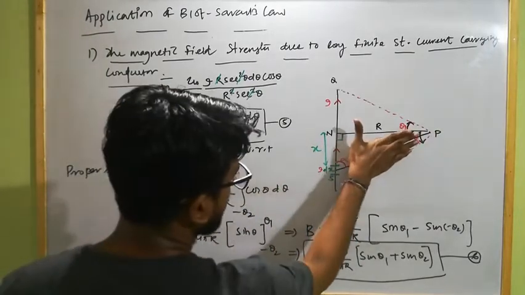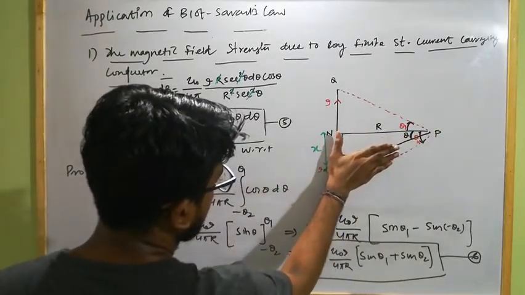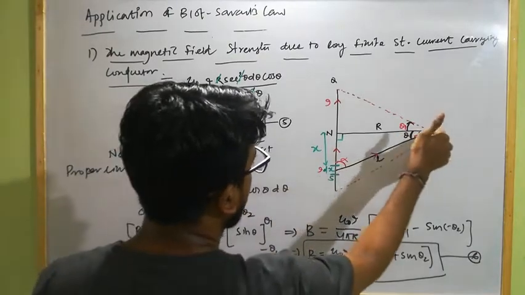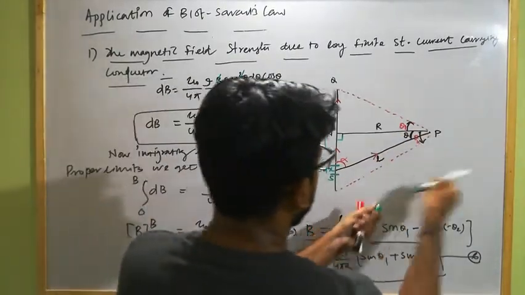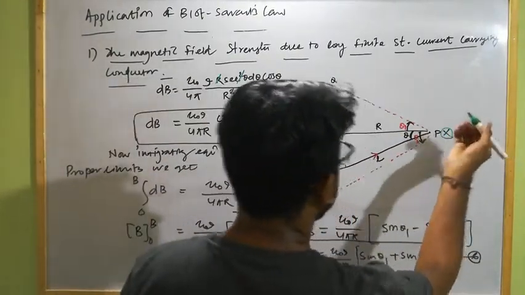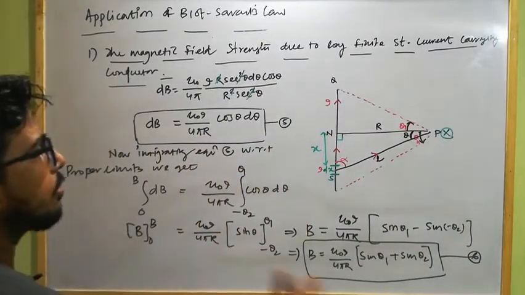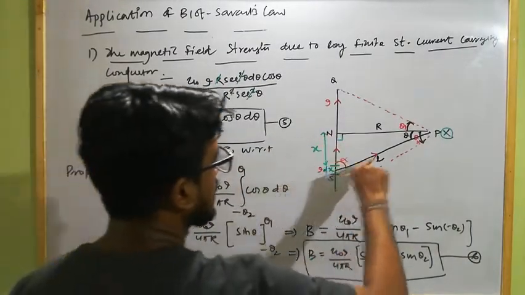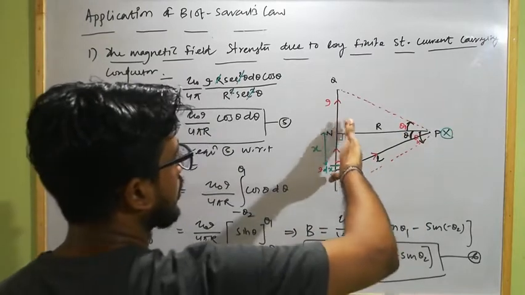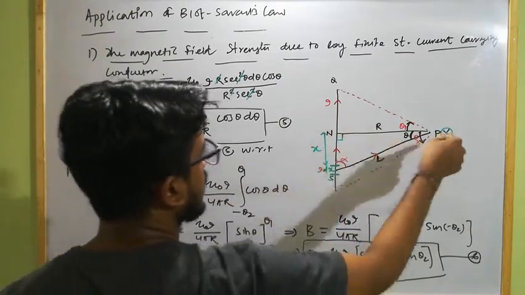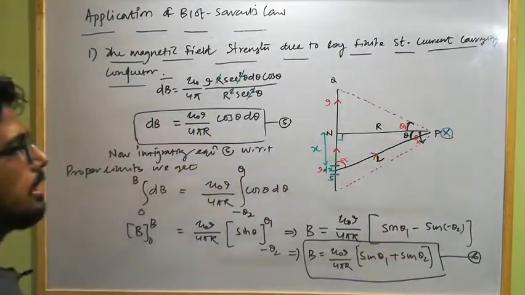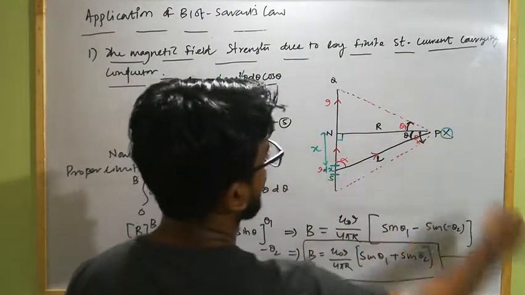So the direction of the palm is inward at this point, so the magnetic field will be inward. Similarly, we can calculate using the right hand thumb rule. This is dl, this is the position vector r, so dl cross r is inward. So here the magnetic field is inward, into the plane.